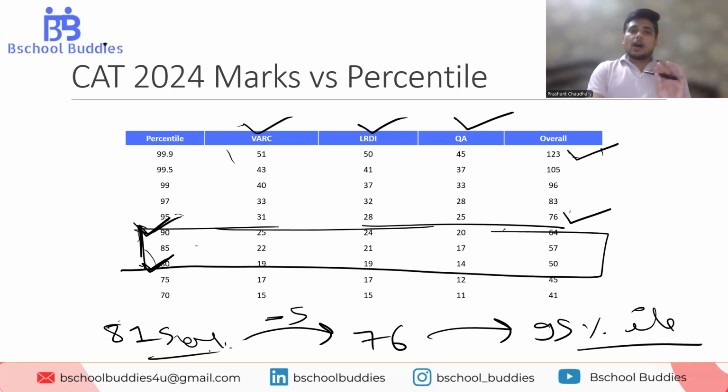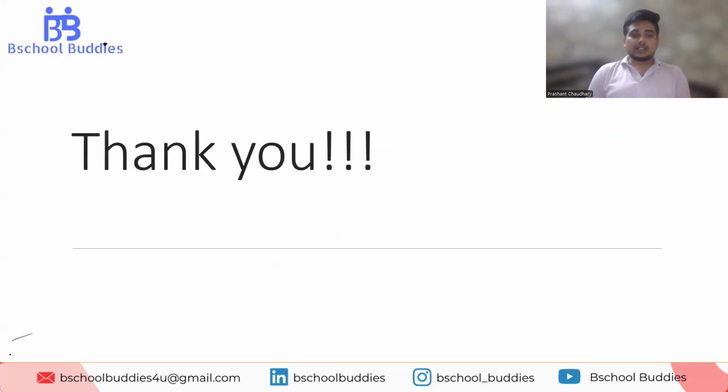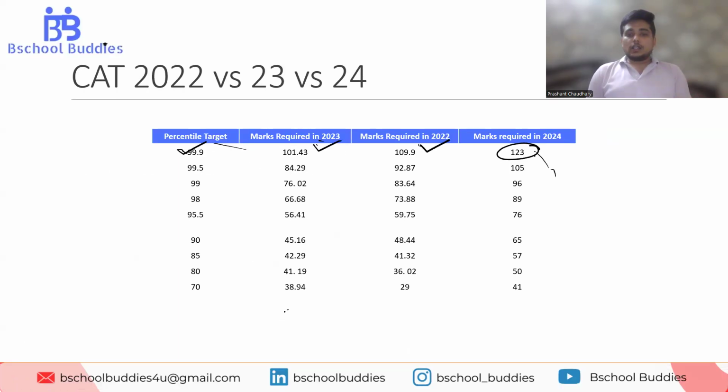Now we will compare how CAT 2024 was as compared to CAT 2022 or CAT 2023. If you look at 99.9 percentile, the marks required in 2024 is 123. This is the normalized score. In 2023, this was the score. In 2022, this is the score. If you look at these scores, you will realize that 2024 is the easiest among these three. 2023 remains the hardest one, and 2022 is the easiest one.